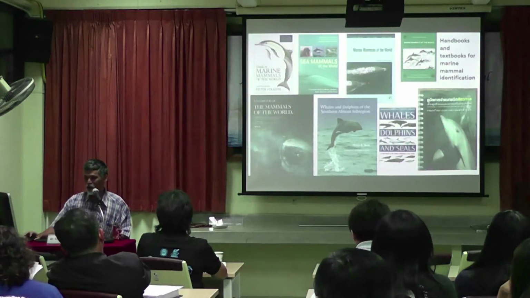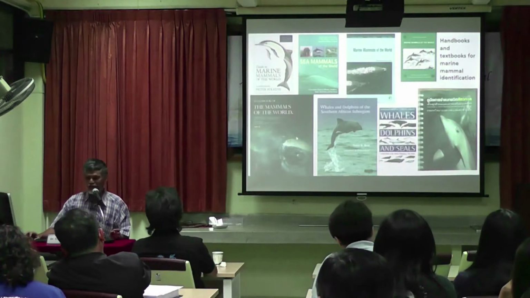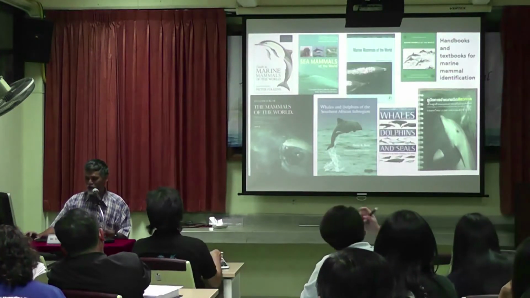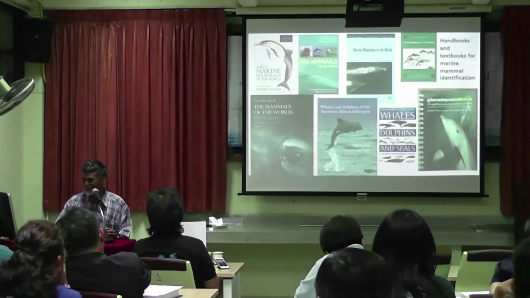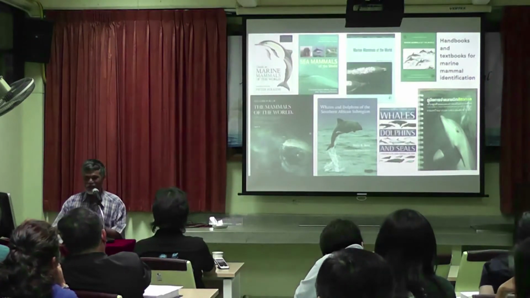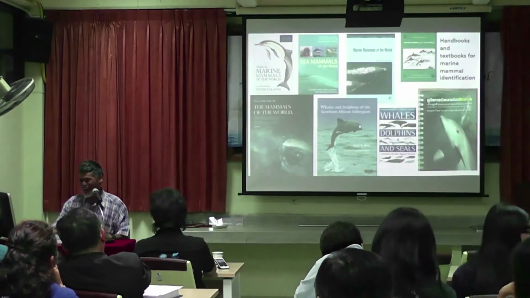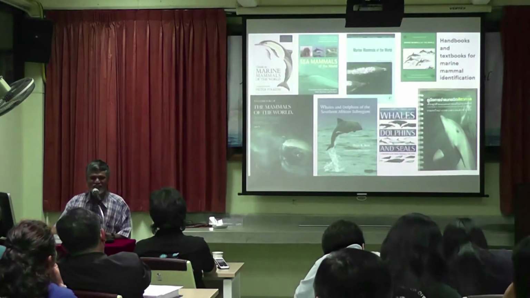This one is really good for both biology and as an identification guide. It's a real textbook. If you can afford it, I suggest you buy this, without any commission from the company. I have no interest in that. I mean, no conflict of interest.